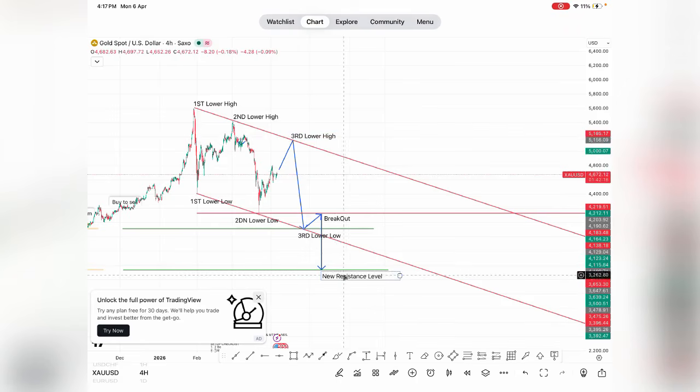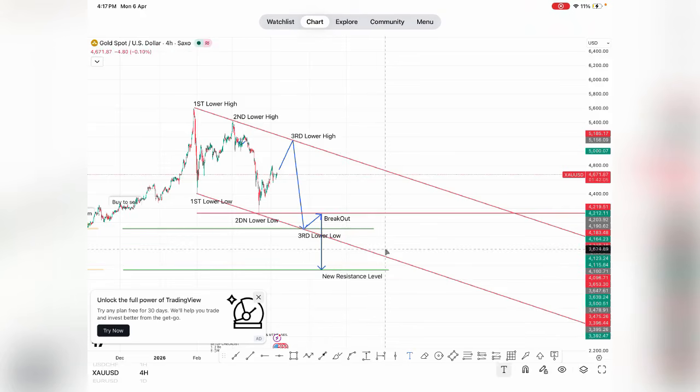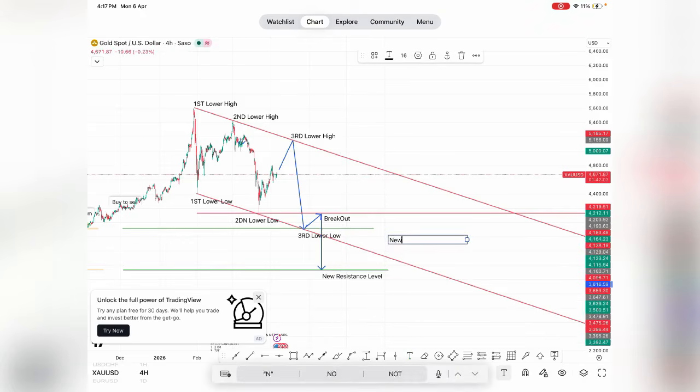When our new resistance level falls here, then of course we are going to have a new support level. So new support level is going to form here.